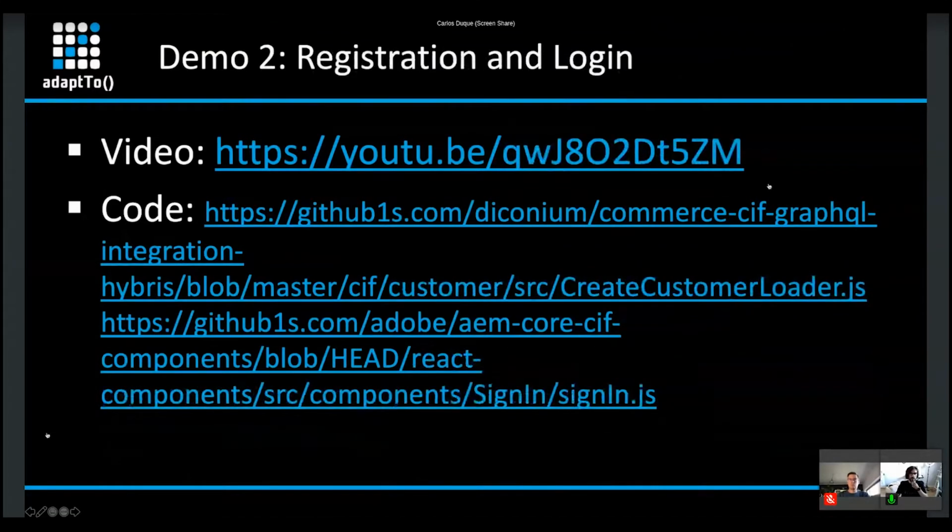So this was the first example, but we want to be able to deliver a full-blown shop to our customers. I have a second demo here, to show you that it's not just queries, we can also do mutations, and we can do a registration and a login, so we can have our user in there.